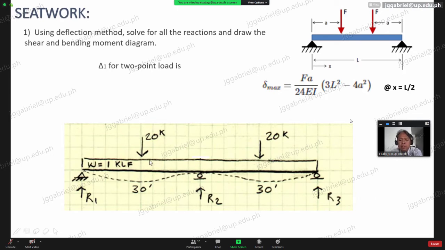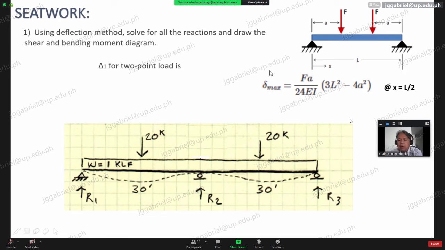You still have W equal to 1 kip per linear foot. It's almost the same as in our example, but we just removed the concentrated load at midspan. So recompute ninyo. This time you have this equation.